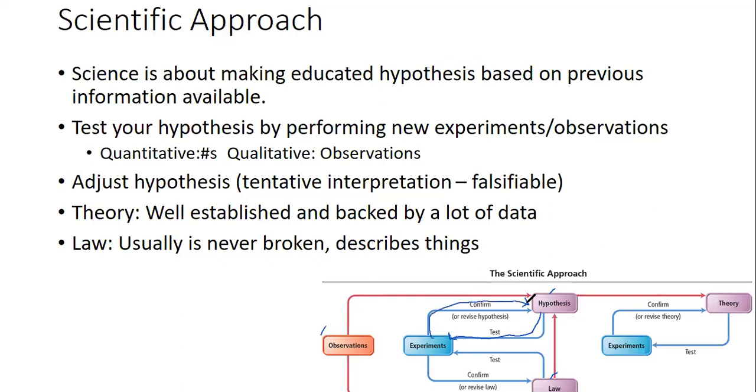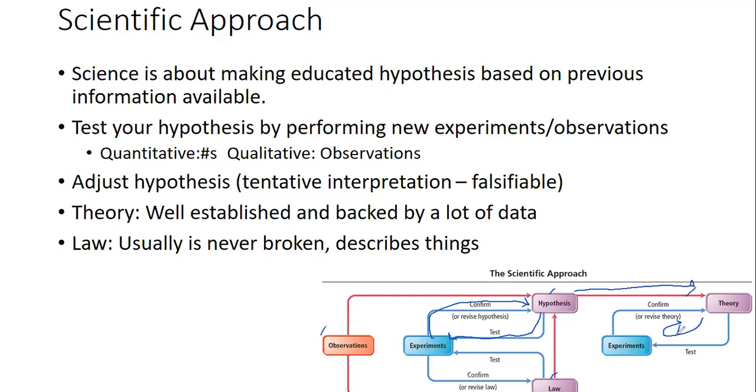Then based on the results of your experiment, you can modify your hypothesis, or if you run enough experiments and your hypothesis seems to be true, then you have what's called a theory. In theory, you continue to do the same thing. You want to test your theory to make sure it is in line with experiments. So again, it's another cycle here.